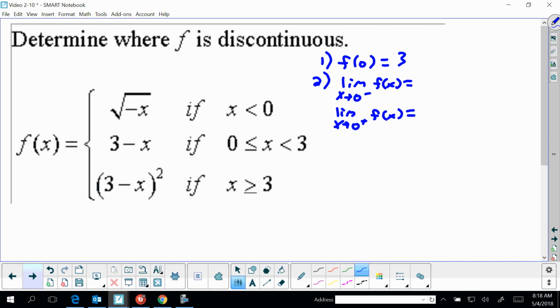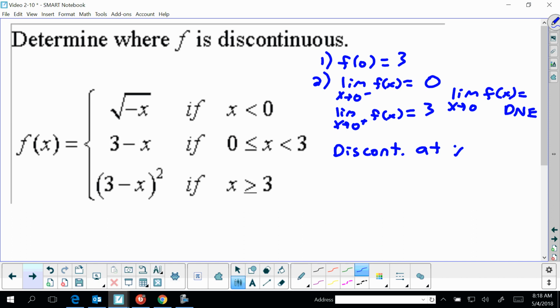When you sub in 0 to the top function, we get back 0. Right of 0 would be the middle interval. We sub in, we get 3. So our overall limit as x approaches 0 of f of x, from the left was 0, from the right was 3, so therefore this does not exist. So we would say we are discontinuous at x equals 0.